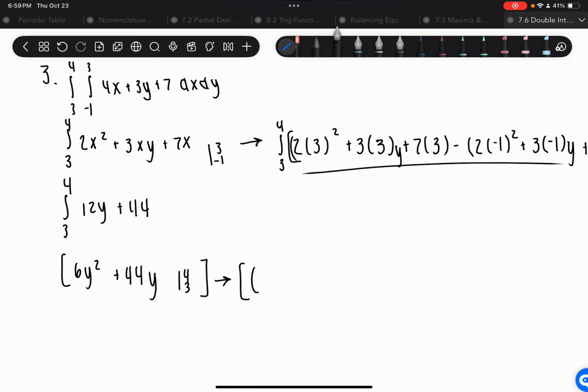So we have 6 times 4 squared plus 44 times 4 minus 6 times 3 squared plus 44 times 3.